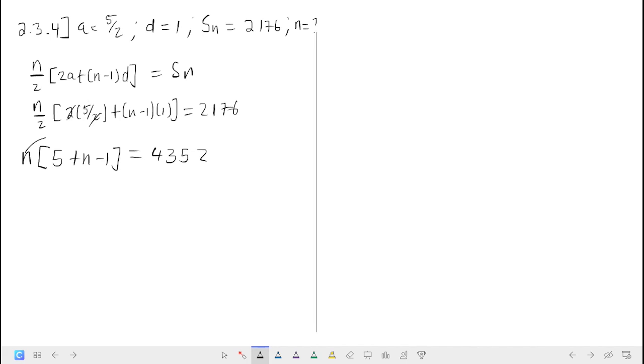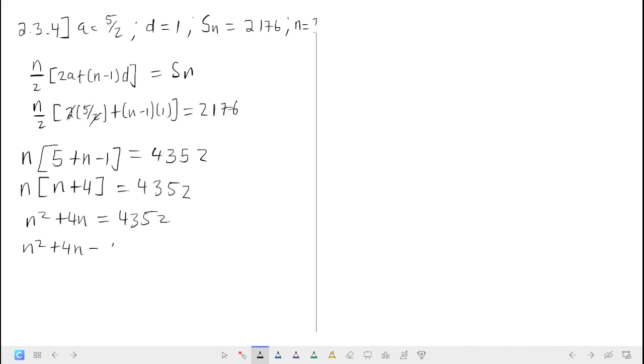Now I first simplify what's inside: n times (n plus 4) equals 4352. Then n times n is n squared plus 4n equals 4352. Then I write the standard form: n squared plus 4n minus 4352 equals 0. So a is 1, b is 4, and c is minus 4352.